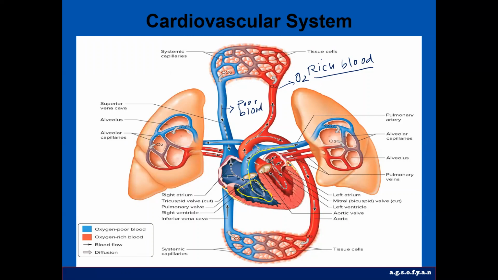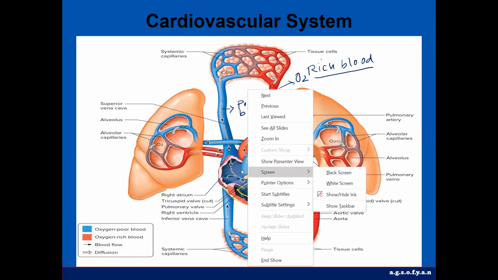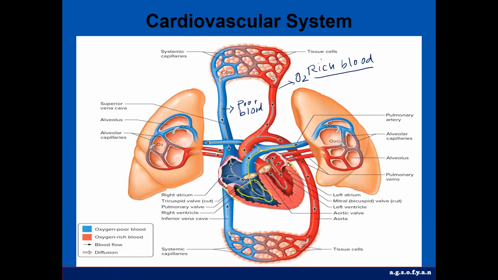The bigger artery over here is called the pulmonary trunk, and then it branches into two pulmonary arteries, right and left side, going to the lungs. Inside the lungs, the blood will receive a lot of oxygen because we breathe in oxygen from the atmosphere into our lungs. Oxygen will enter into these capillaries, and then it returns the blood to the left side of the heart. You see the color is red now.